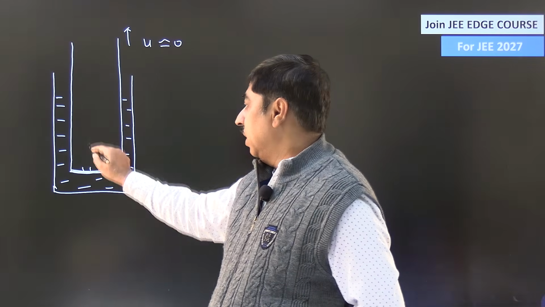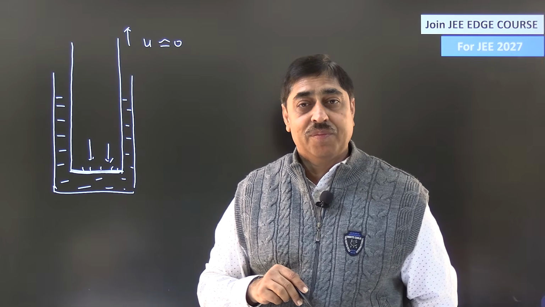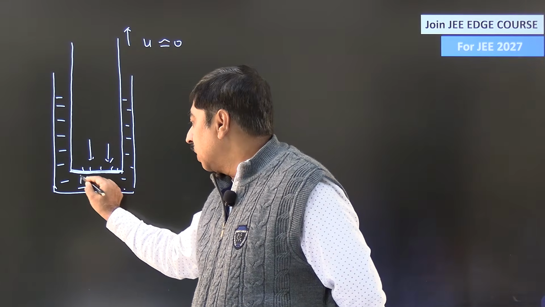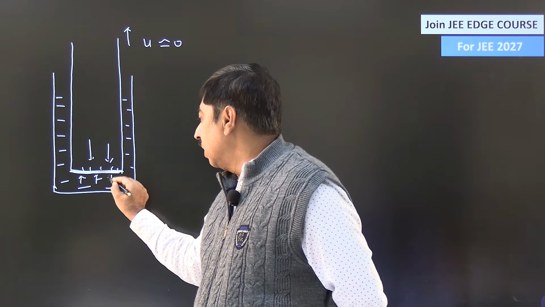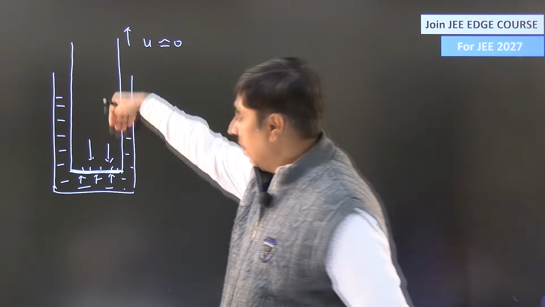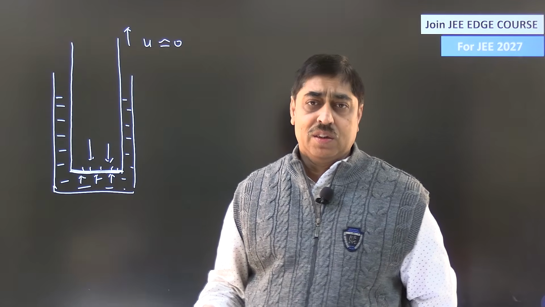From here, it is open to the atmosphere, so atmospheric pressure is acting on this cylinder. This tells me that the water must be applying atmospheric pressure from below onto this cylinder. The force due to atmospheric air and the force due to water must balance out.